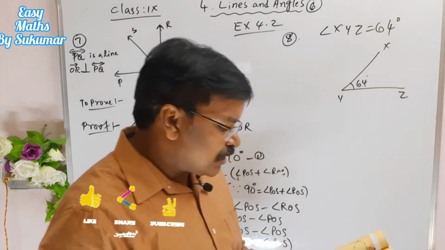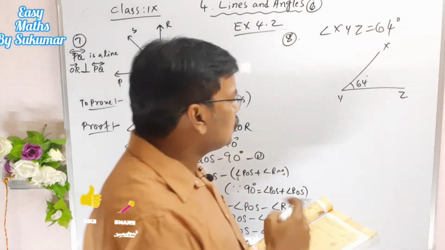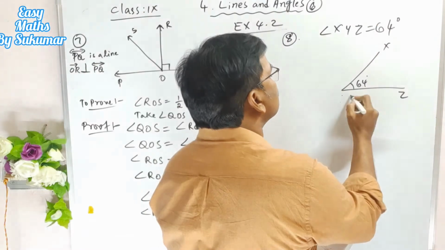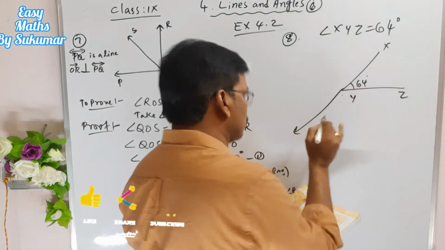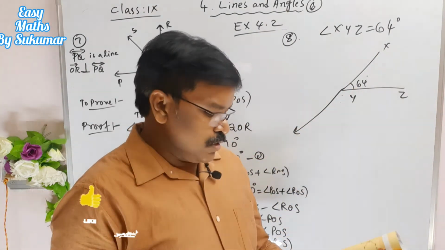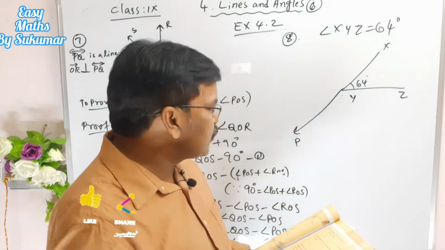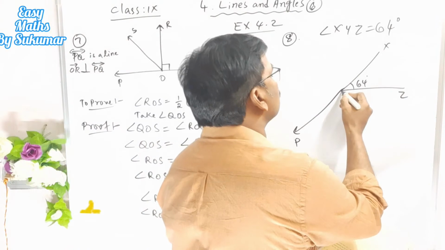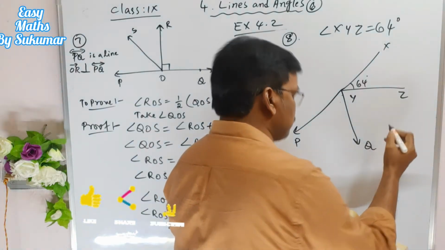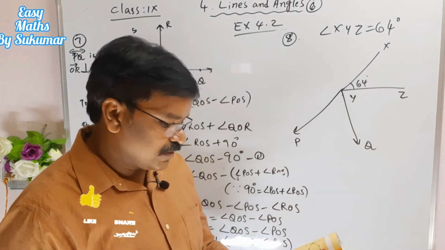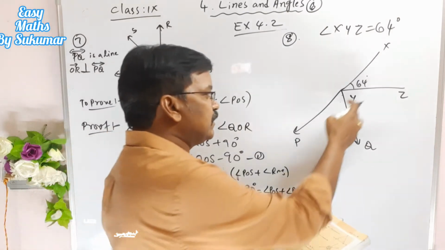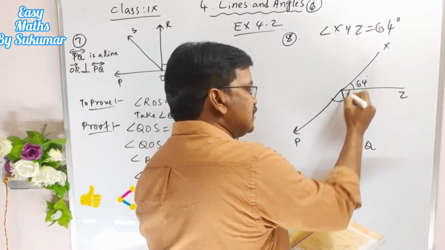And next, XY is produced to P. A ray YQ, this is YQ, bisects angle ZYP.